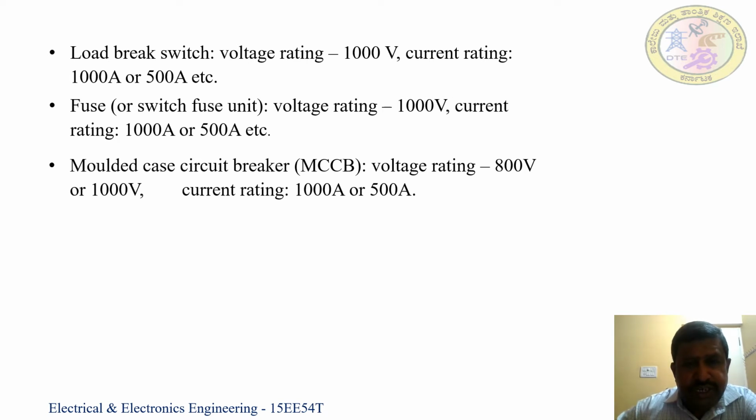The voltage rating is around 1000 volts and the current rating is 1000 amps or 500 amps, etc. Next, fuse or switch fuse unit. The voltage rating is 1000 volts and current rating is 1000 amps or 500 amps, etc. Next, molded case circuit breaker. The voltage rating is 800 volts or 1000 volts and current ratings 1000 amps or 500 amps, etc.